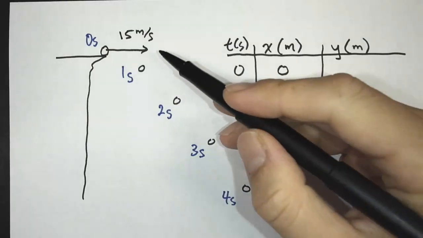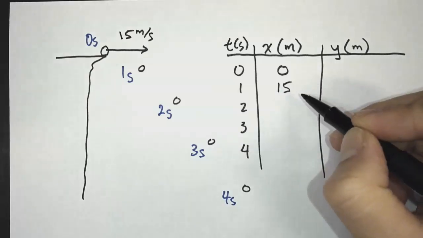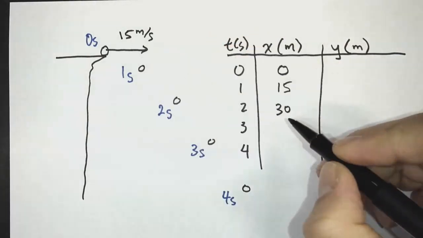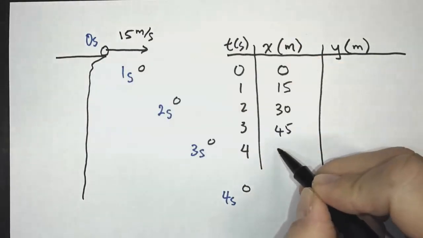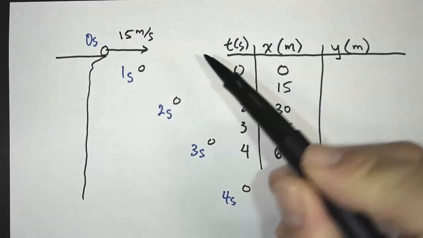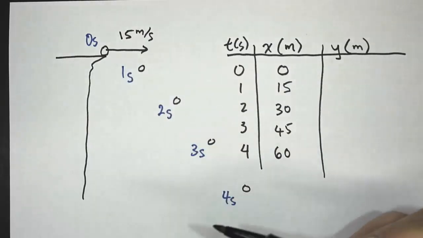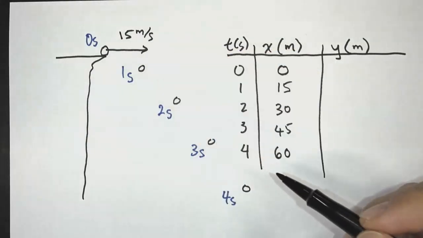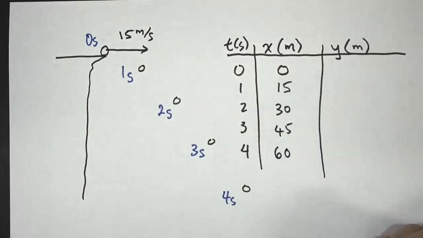So at 1 second it travels 15 meters, at 2 seconds it goes 30 meters, at 3 seconds, 3 times 15 is 45, and at 4 seconds, 4 times 15 is 60. What we mean by 15 meters per second is that every second it travels 15 meters, so you can just multiply the time by the velocity to get the distance.